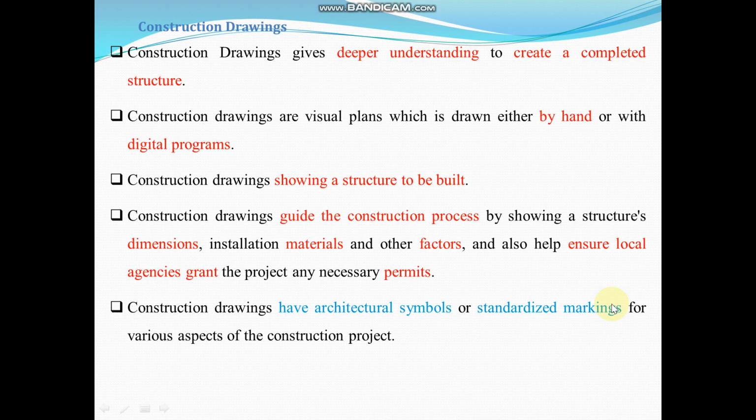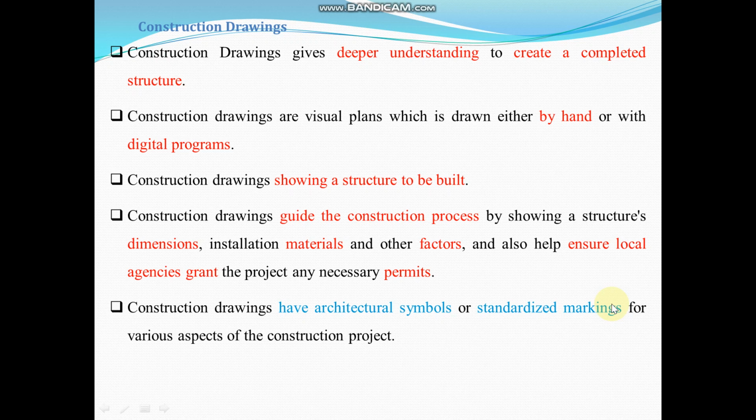Construction drawings are vital plans, drawn either by hand or with digital programs, which may be AutoCAD, ArchiCAD, Civil 3D, or maybe SketchUp. By using such software we can prepare them, or traditionally by using hand sketches.